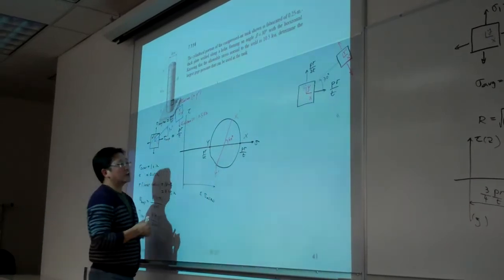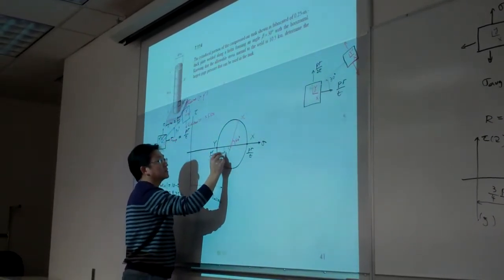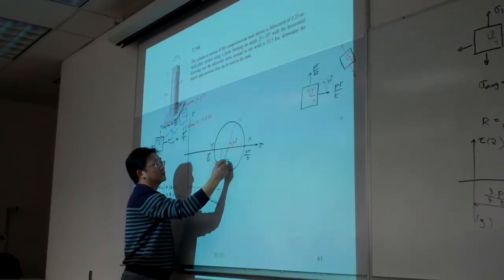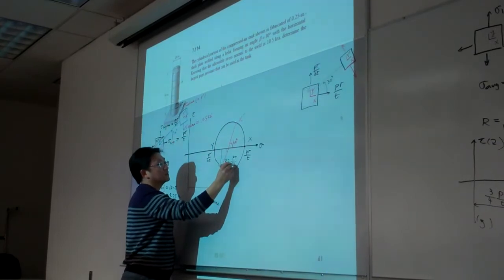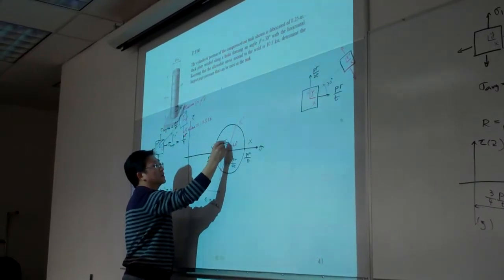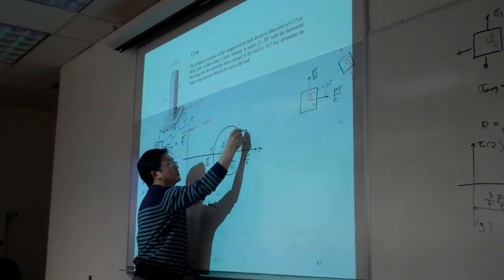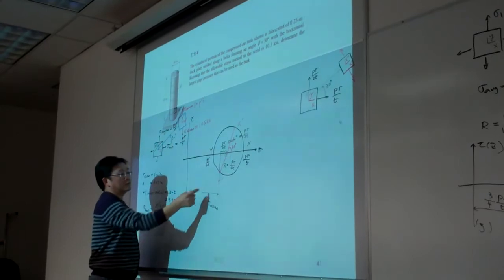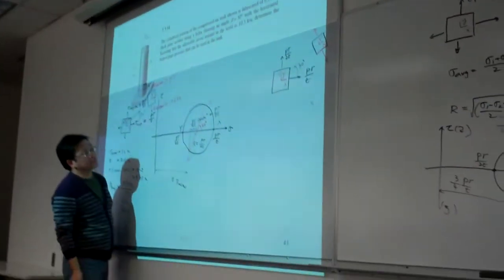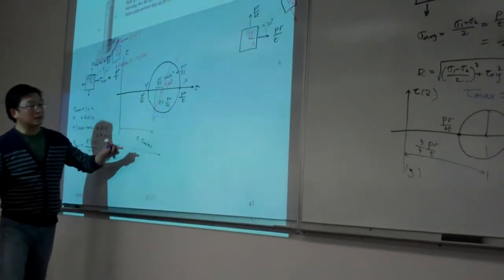Okay, so now we work on this one carefully. So this is 60 degrees. We utilize this triangle. So the R will be equal to PR over 4T. So this amount is PR over 4T times cosine 60 degrees, which would be equal to PR over 8T. So from here to here, that is our radius.